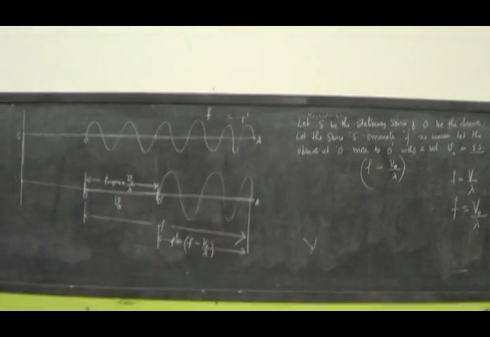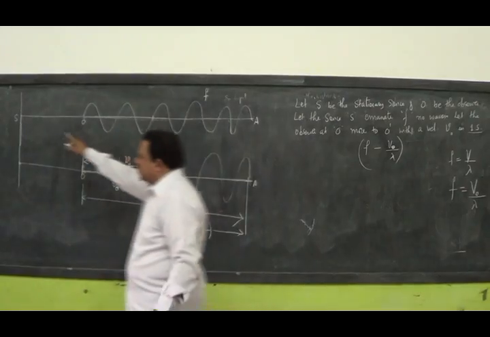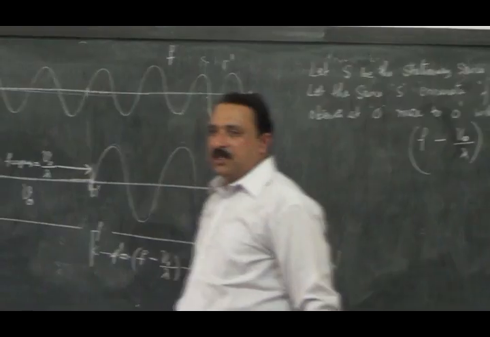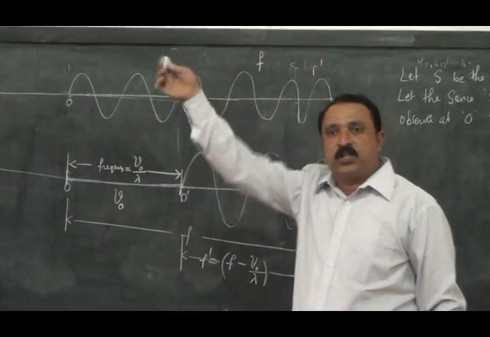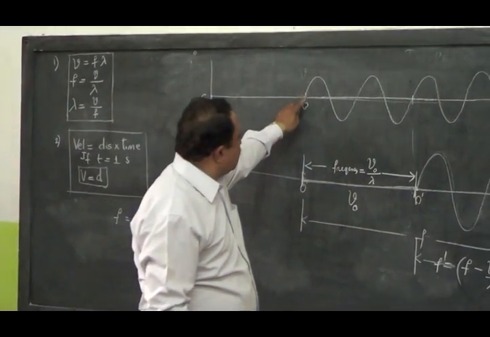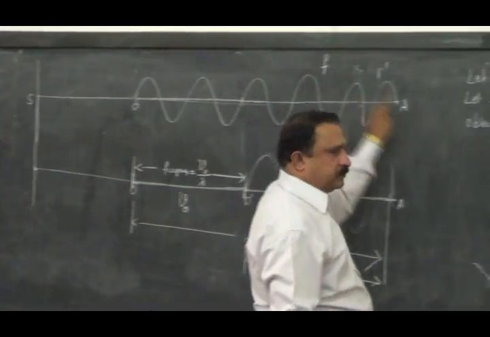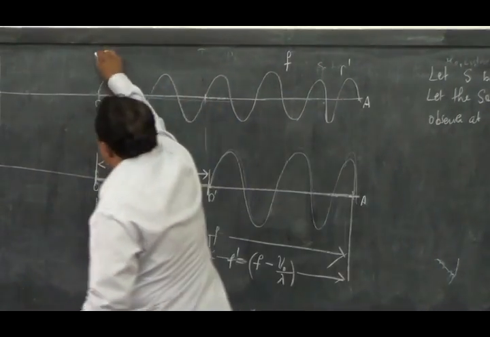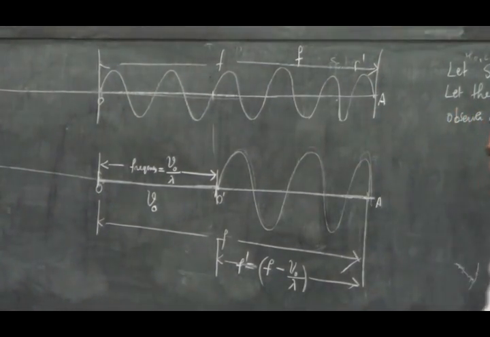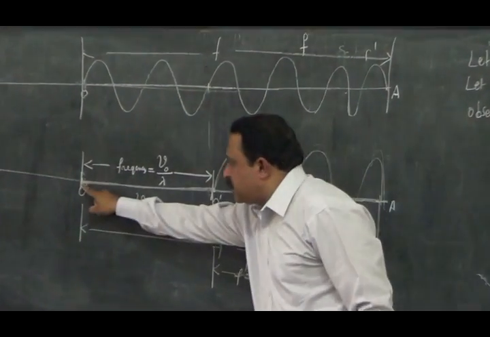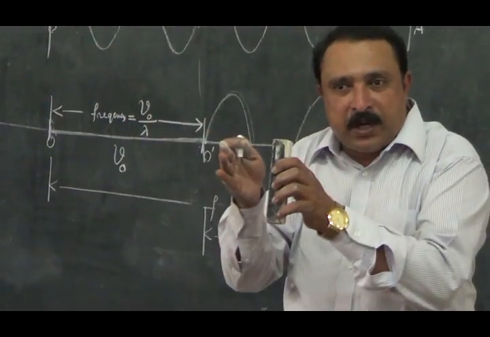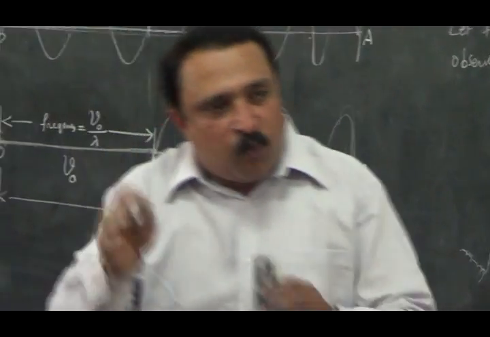So the entire discussion goes like this. There is a source S at rest and there is an observer O. The source S gives out sound of frequency F. So I start counting as it reaches O. How many waves are contained from O to A? F number of waves are contained from O to A. As the person starts moving from O to O dash, since he is moving away from the source, there is no compression here. Then what happens?